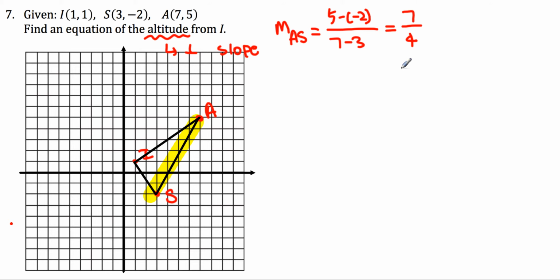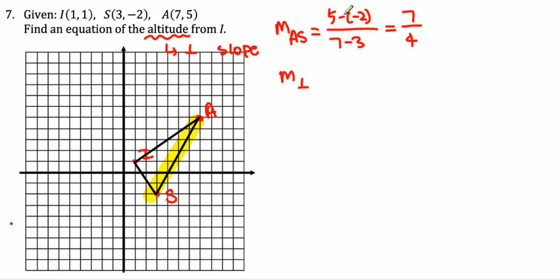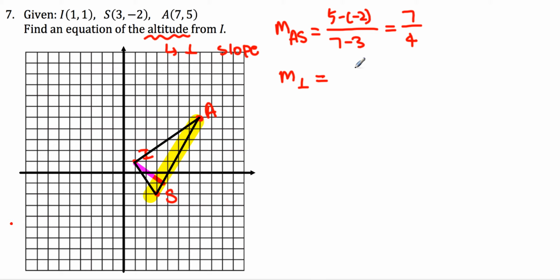Now, since this is 7 over 4, the slope of the line that's perpendicular, which we're going to draw, so if I had to draw that line, it would have been something like this. That would have been the altitude, I guess. Now, the slope of that altitude would be the negative reciprocal of this, so negative 4 over 7.